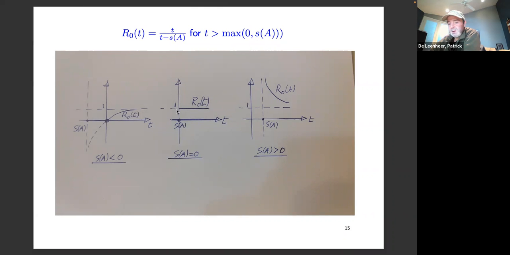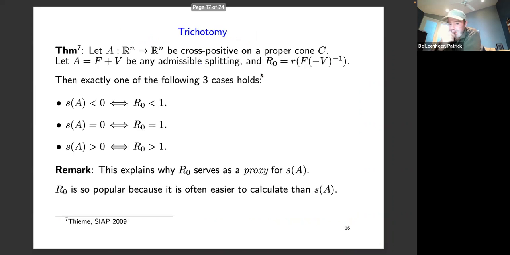If s of A is 0, it's a constant function. That's easy to see. T over t becomes 1. And if s of A is positive, your domain for t is just this, and you get a decreasing function, which asymptotes to 1 horizontally and to infinity when you approach s of A.